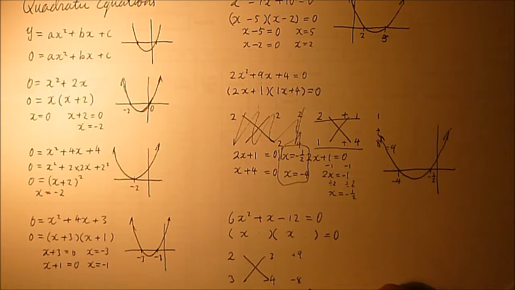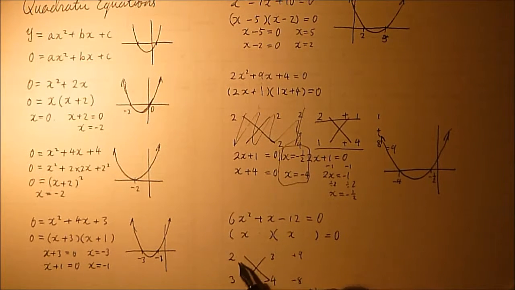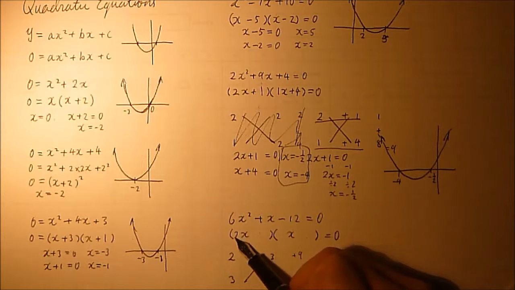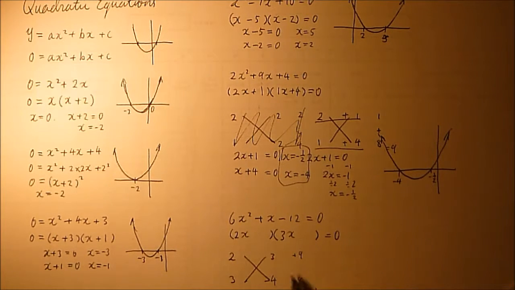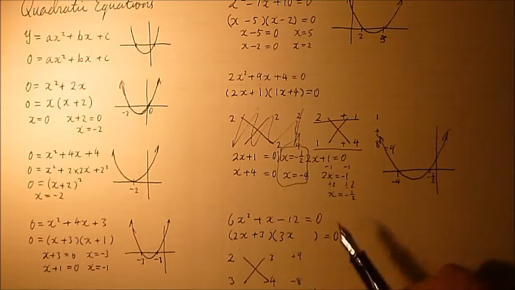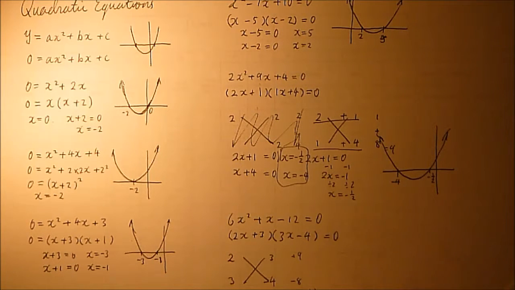And when you add them together, they give you positive 1. So the coefficients of x here will be 2 and 3. The two terms here will be positive 3 and negative 4.